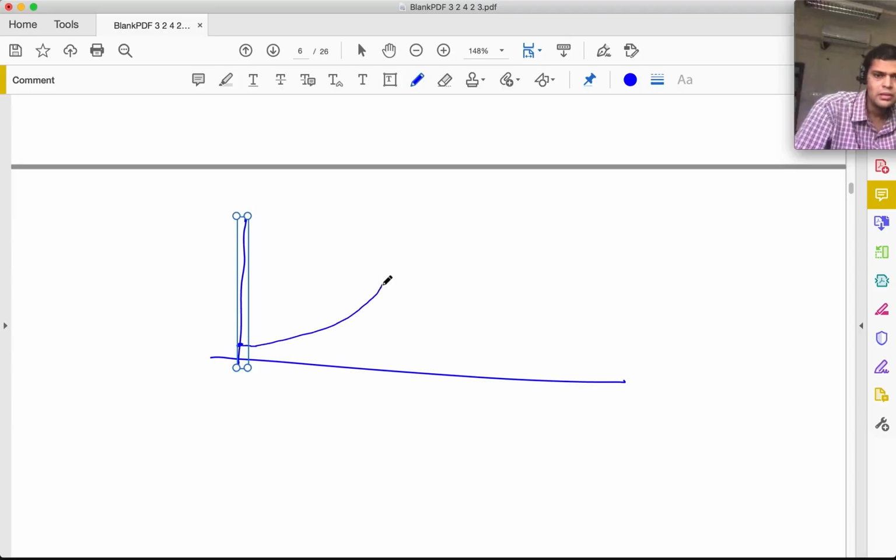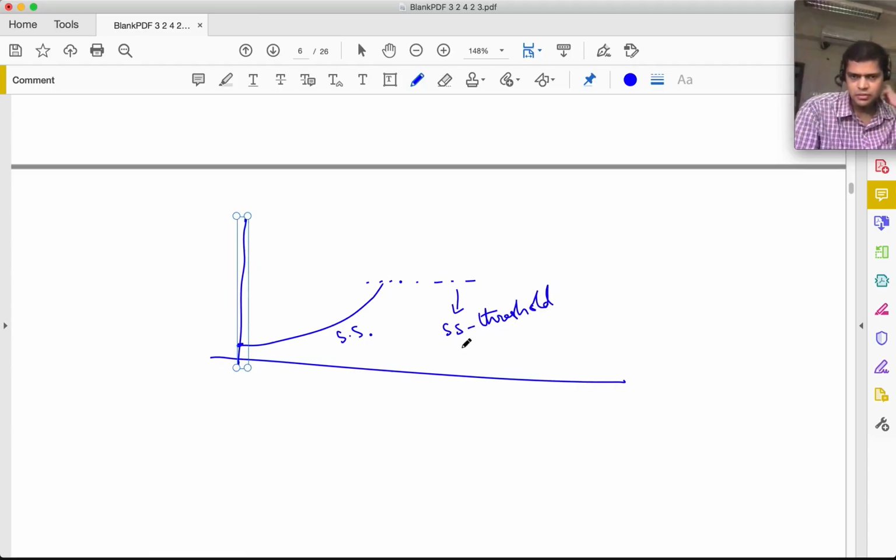It looks something like this, slow start, and there is some threshold which is called the slow start threshold, or SS thresh, some people call it. In the papers or the RFCs, you will see this. So after the window crosses this SS threshold, we go into the AIMD mode.